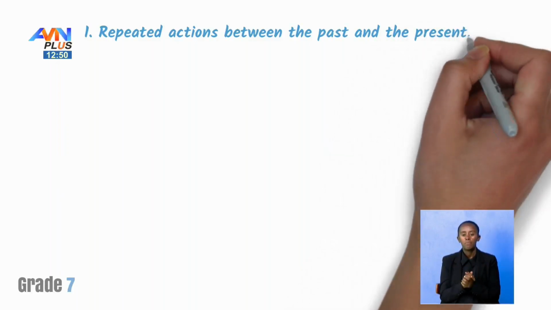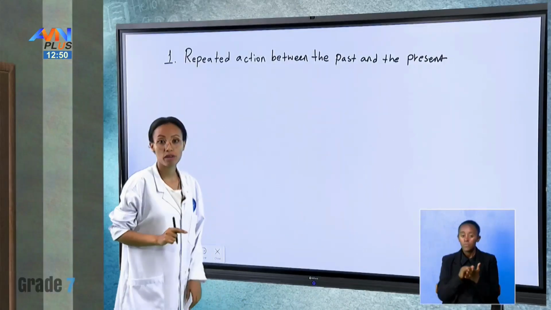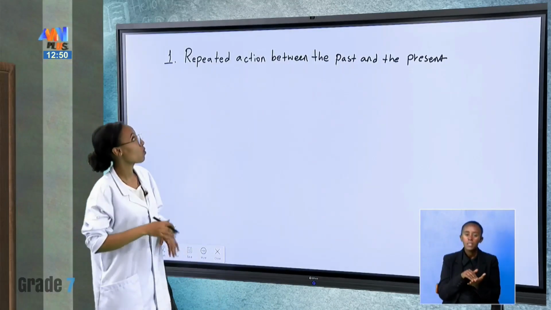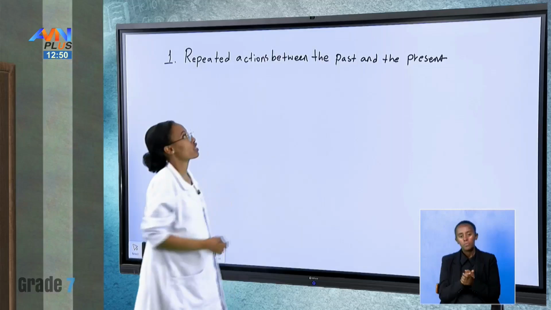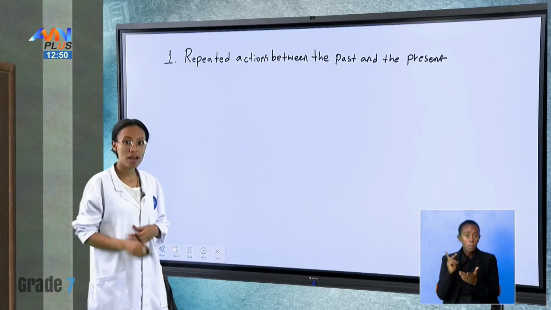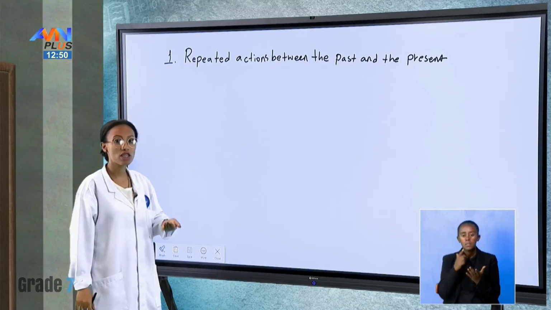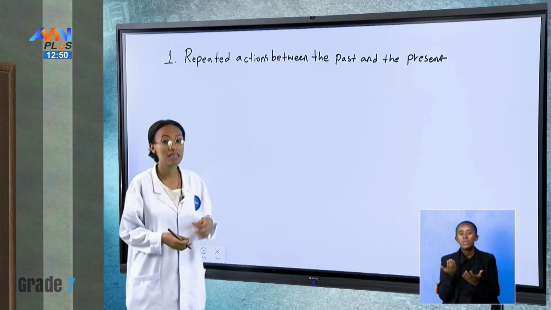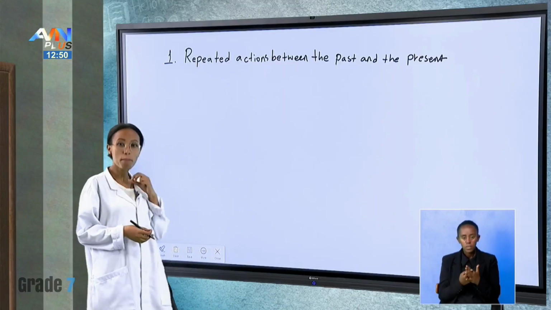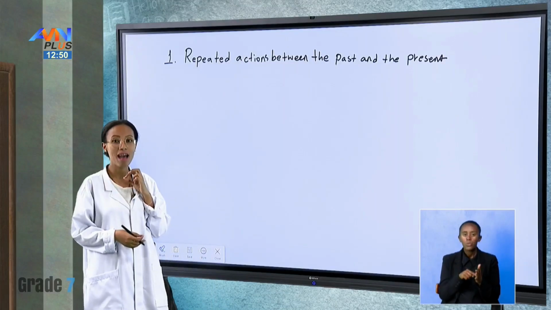That is the first one. Repeated actions or actions between the past and the present. So in this case, actions are repeated starting from one point in the past to the present, okay?